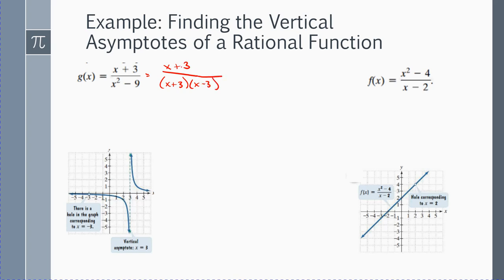Look at the domain: obviously x cannot be -3 or 3, because that would give a divide by 0. But I'm going to simplify here, and after I cancel out the common factor, I'm left with 1 over x minus 3. So x is equal to 3 would be the vertical asymptote.